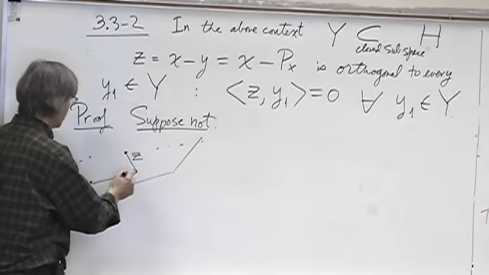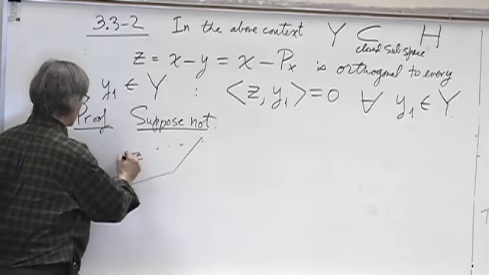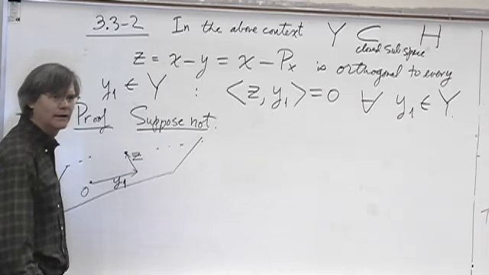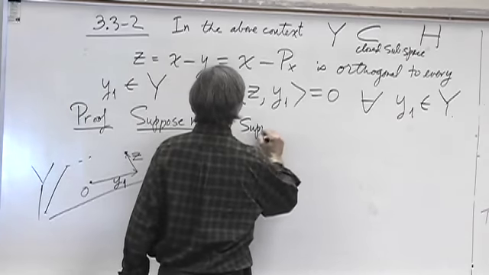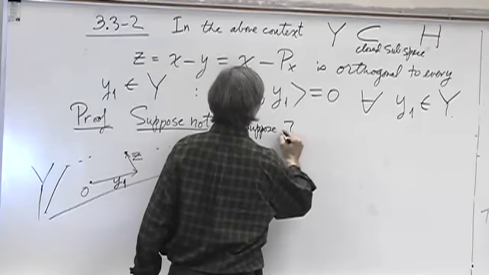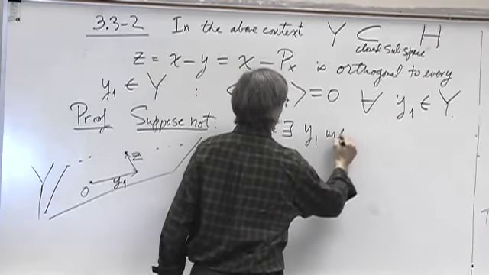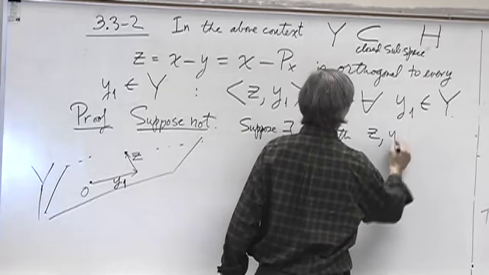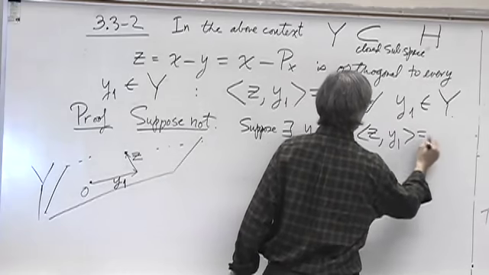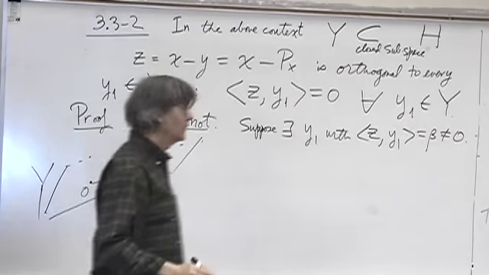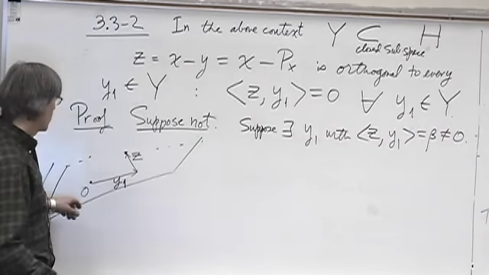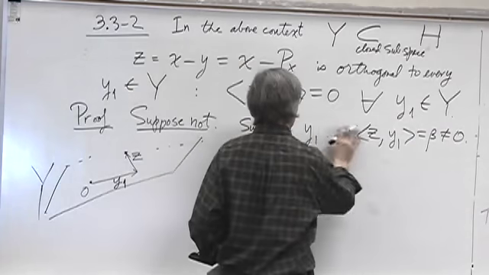So z is not perpendicular to y1. So suppose there exists a y1 in capital Y with the inner product of z and y1 equal to beta, unequal to 0.